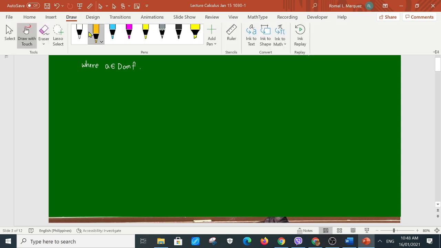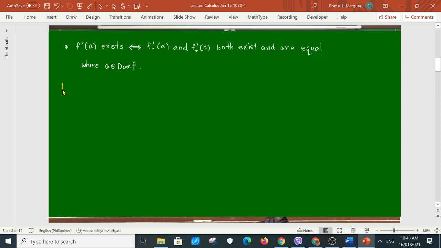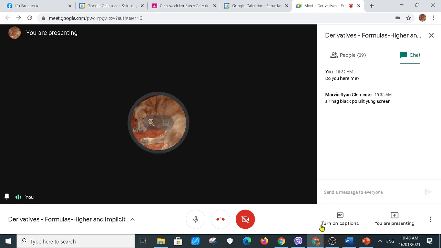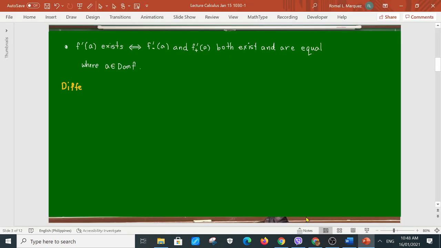The process of finding the derivative is called differentiation. If you perform or compute a derivative, we call that procedure differentiation.